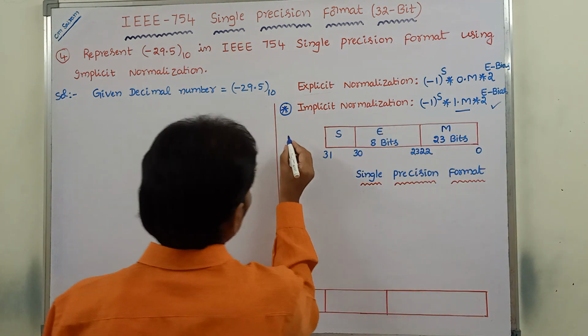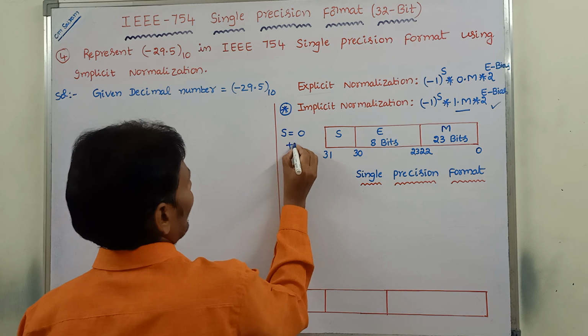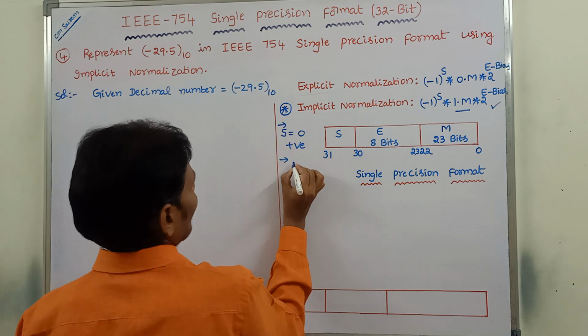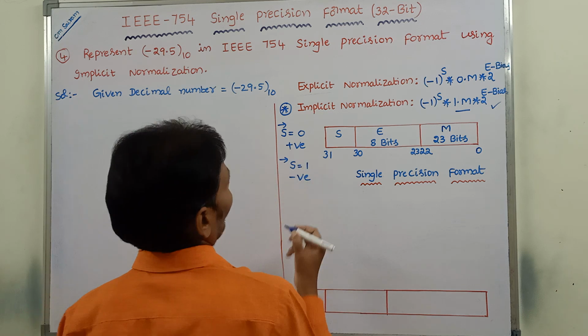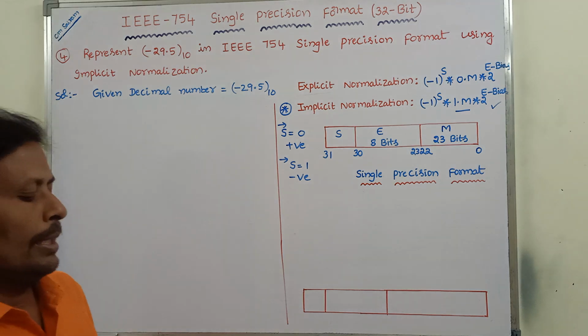Suppose S is equal to 0, it represents a positive floating point number. If S is equal to 1, it represents a negative floating point number. Okay, next one.